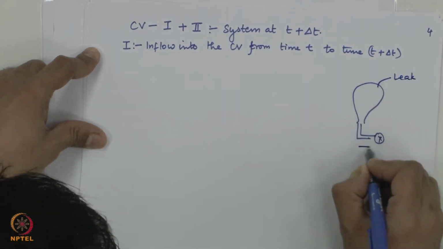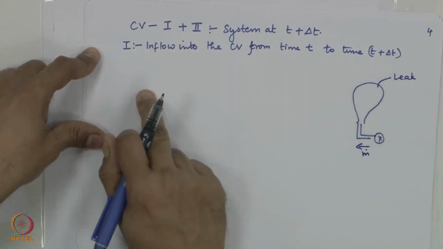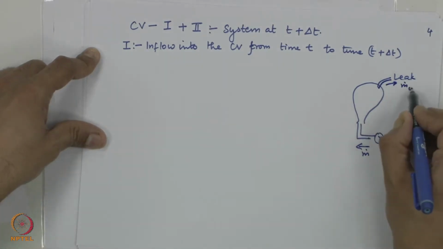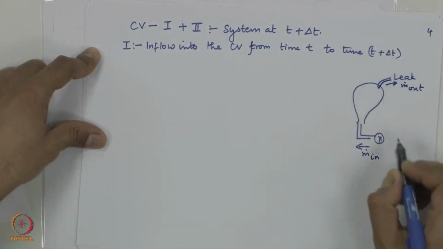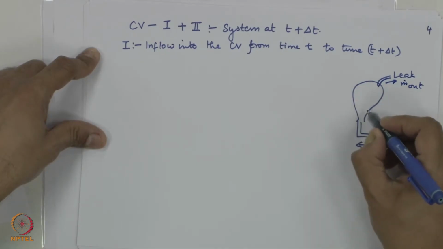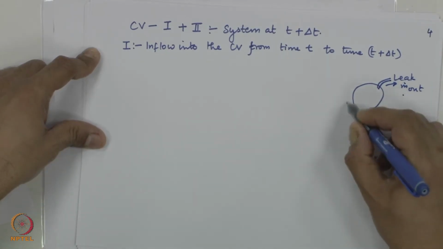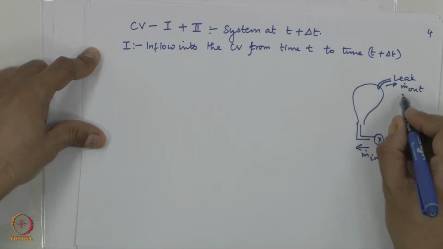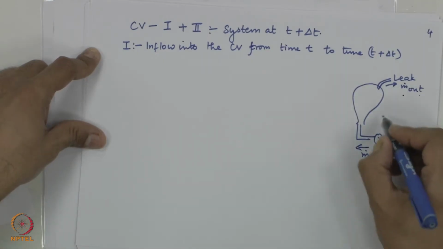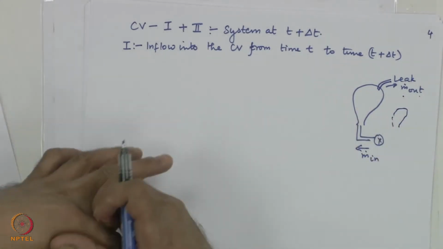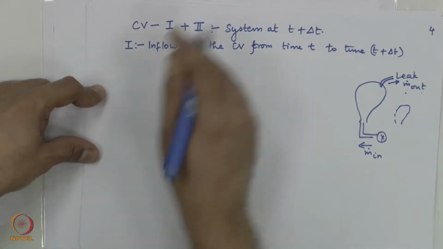The balloon filling in is m dot in. The balloon leaking is m dot out. If m dot out and m dot in were equal, the balloon's shape would not change. If m dot in was greater than m dot out, the balloon would become larger. Vice versa, if m dot out was larger than m dot in, the balloon would shrink in time. So the mass that is coming in is represented by 1.